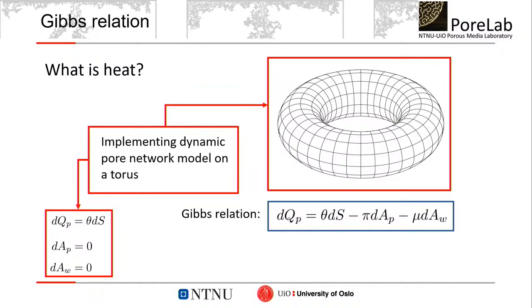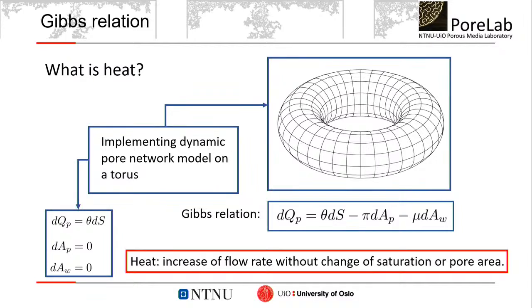Then the only way I can change the total flow rate is by changing the entropy. And this is heat. I change the pressure, and that changes the way the clusters look, and that's heat. So heat is an increase in flow rate without change of saturation or pore area.